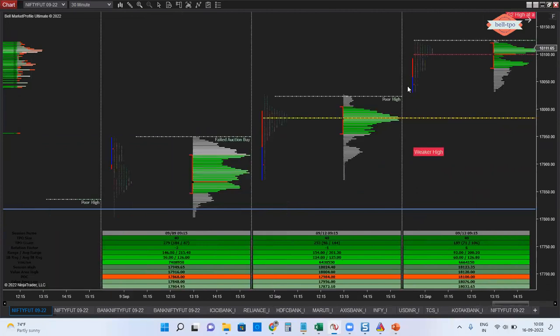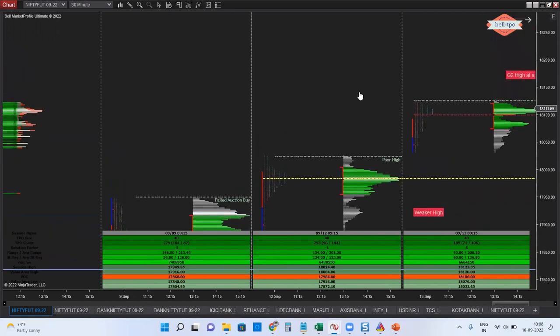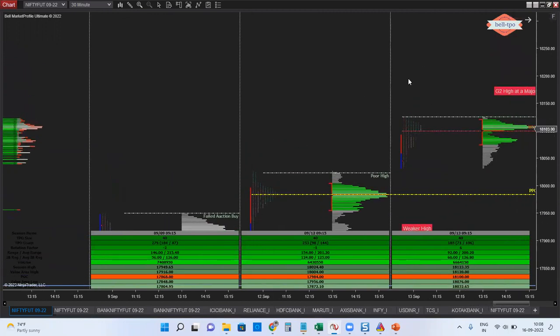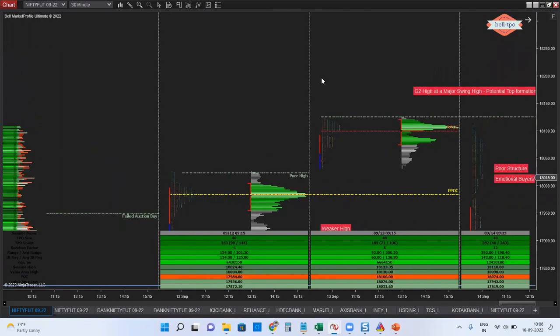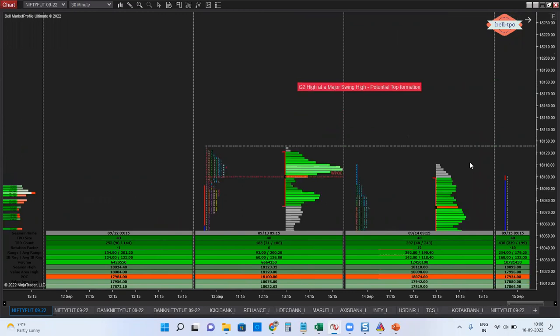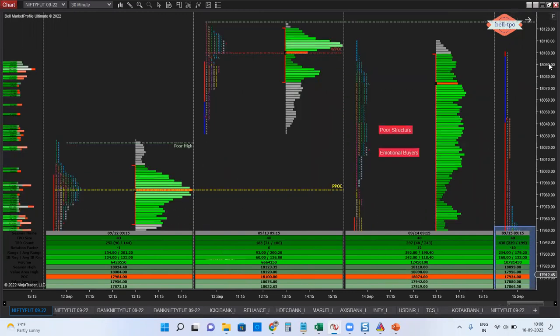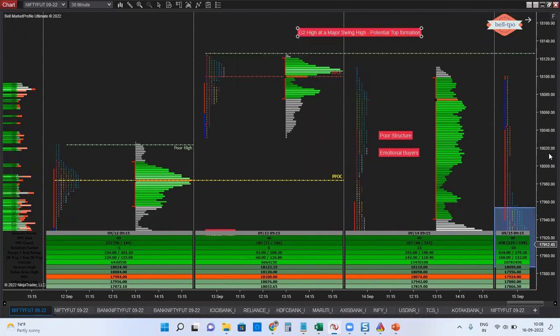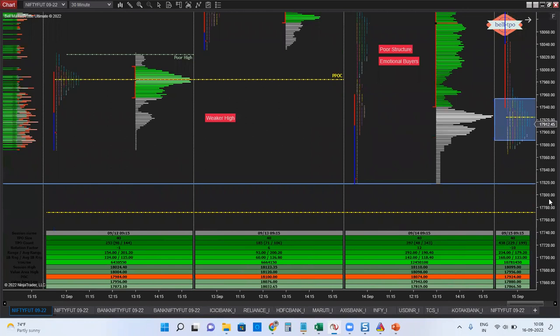Any shorts would have been completely removed, and finally the inventory went too long because it finally had a poor high. That poor high wasn't cleared the next day, and then it became a G2 high. Now we've been seeing a potential top formation, and we are seeing the reversal of the signals thus far.